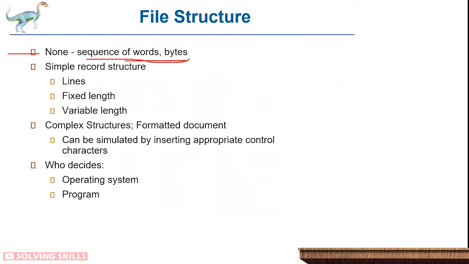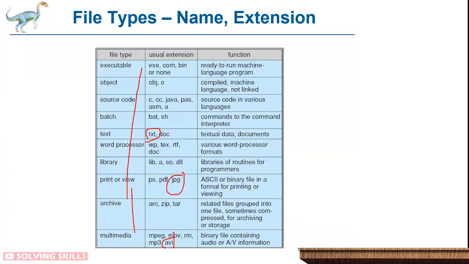For example, when you study the format of a JPG file, an AVI file, or a TXT file, the first few bytes inside these files represent different kinds of information about the file.